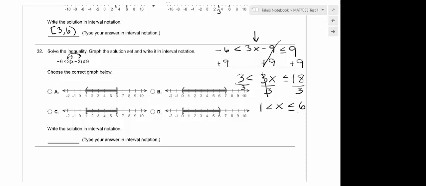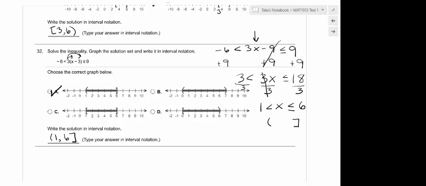So what symbol are we going to have with 1 on the graph? A parenthesis. Good. And what symbol with 6? A bracket. Bracket has the equal sign. Good. So where do you see that? A, B, C, or D? A. A. Good. And then how would you write that in interval notation? Parenthesis 1, comma 6 bracket.